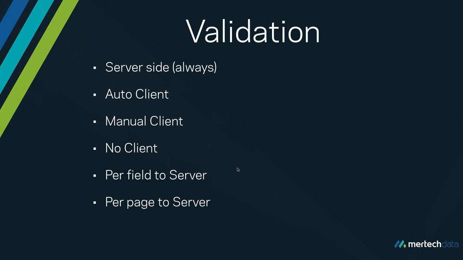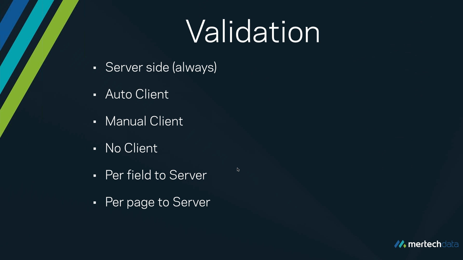So there can be mismatches that occur there, but it is another form of validation to mention. Another side effect of it, of course, is that when you have all of these calls going to the server for validation, it can be more taxing on your server. So there are alternatives to use.